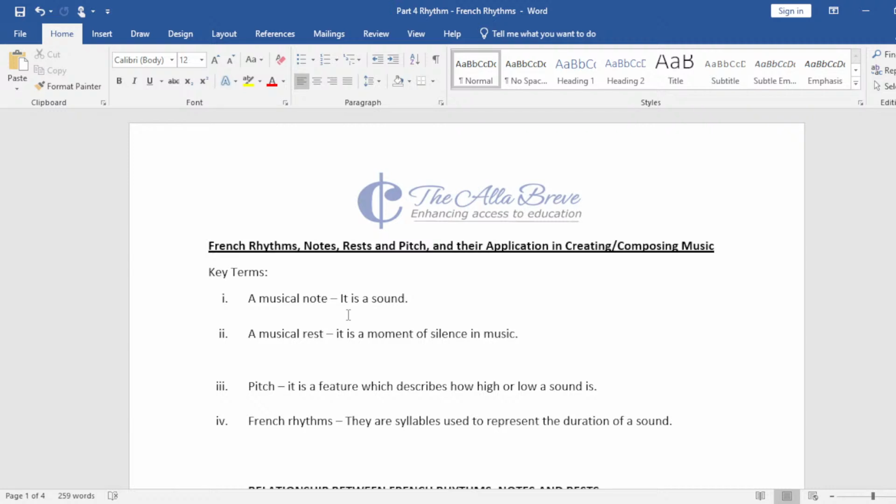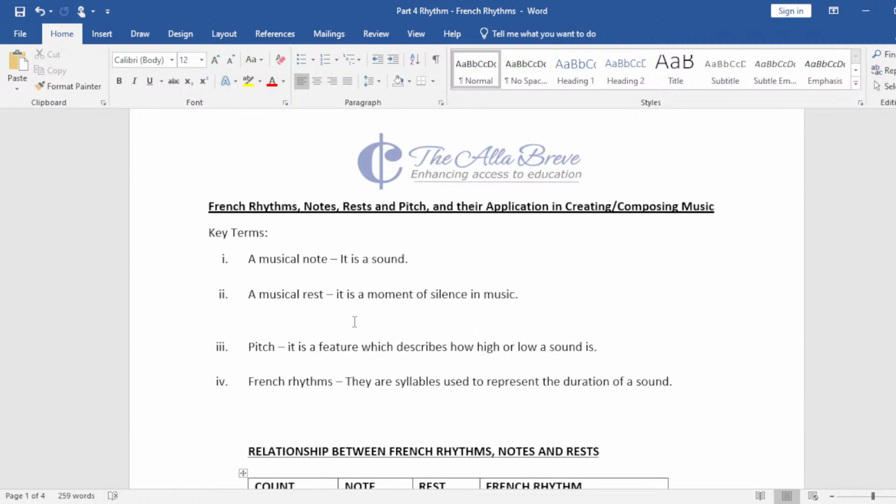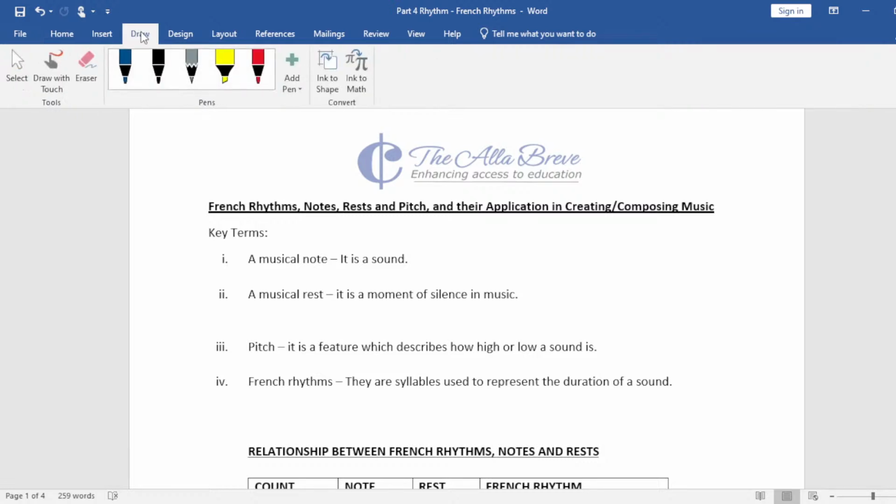We will start with a basic definition of terms which are common in music. We have looked at some of the terms such as musical note, musical rest, and pitch in the previous sessions, but we remind ourselves how they are applied in music and how we are going to use them today.